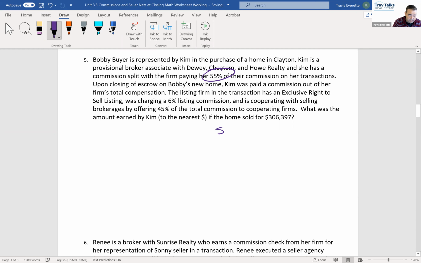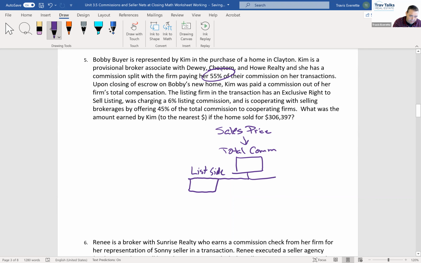So I got to start with the sales price. And then from that sales price, I know we're going to have a total commission. So I'll give myself a box for that. And then I know I'm going to be splitting that total commission into a listing side and a selling side. Okay.